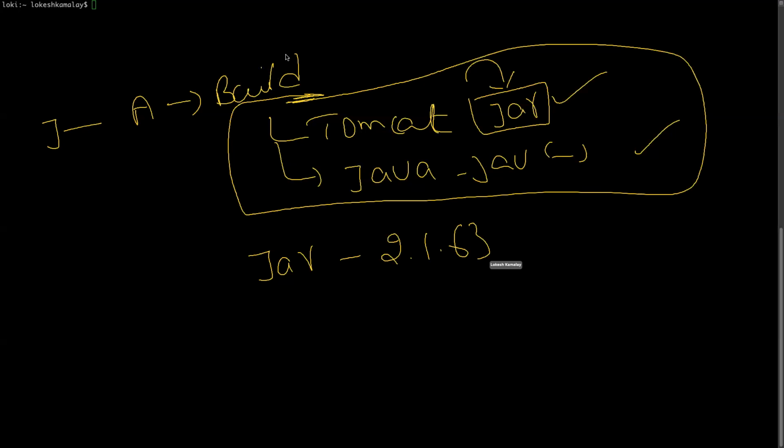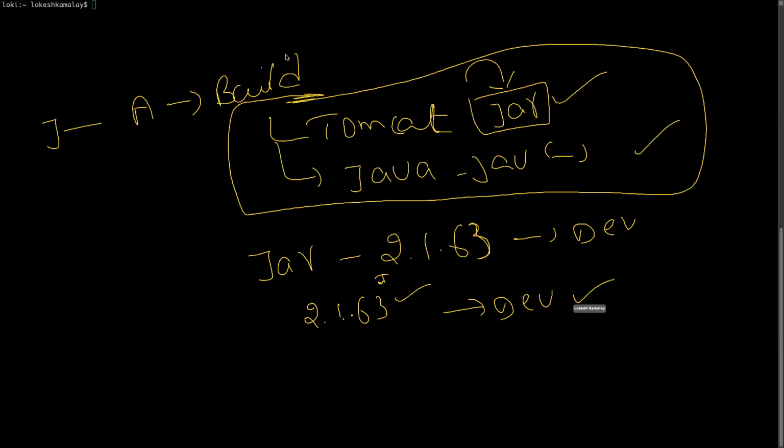This is the jar file you tested in dev. Okay, so some user accidentally used the same version and added some more changes. So then the same changes are also part of this package now. Some more changes. Okay, but this one is now verified and the developer provided the go-ahead.